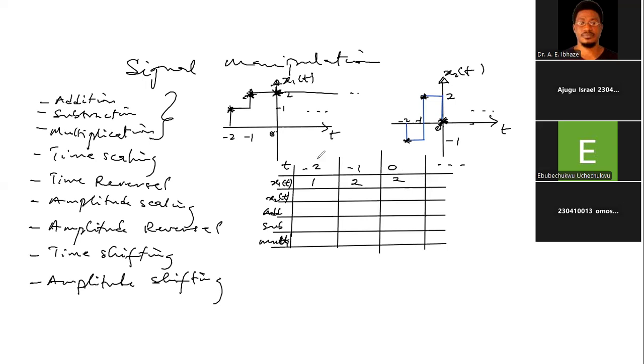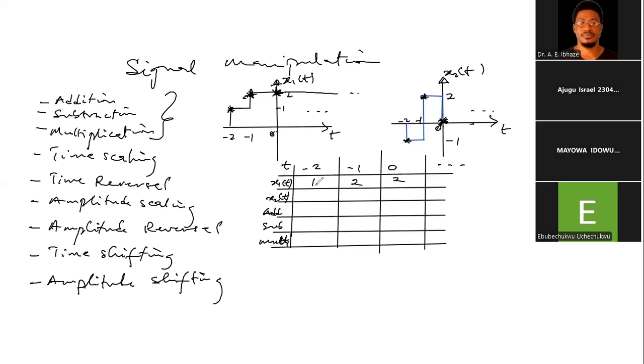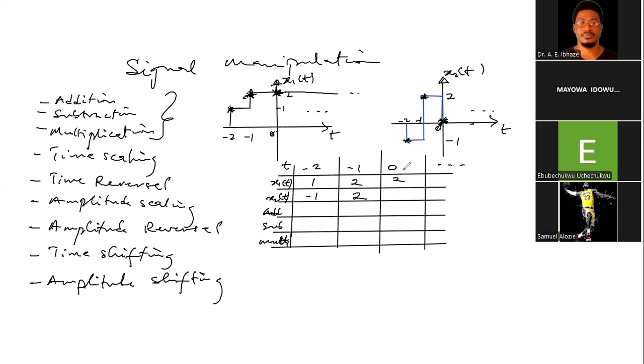So this is 2. Now let us extract for S2 of t. At -2, what's the value? -1. At -1 is 2.